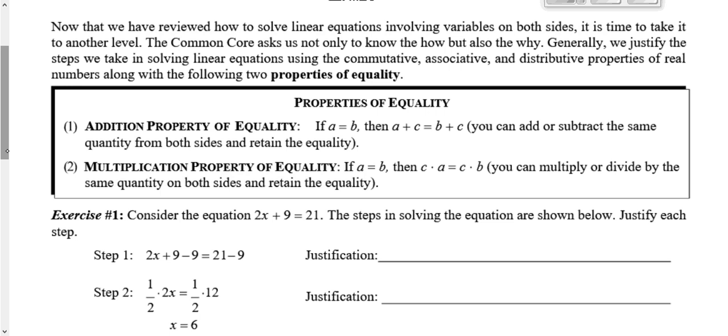If A and B are equal, you could take A plus C equals B plus C, right? You're going to add C to both sides. And notice there isn't one for subtracting or dividing, right? Why? Because you can think of subtraction as adding a what?